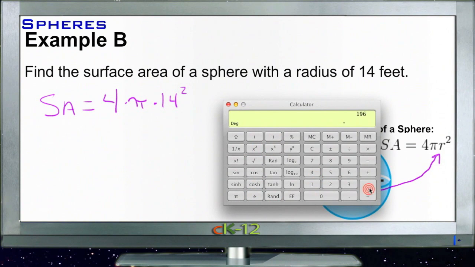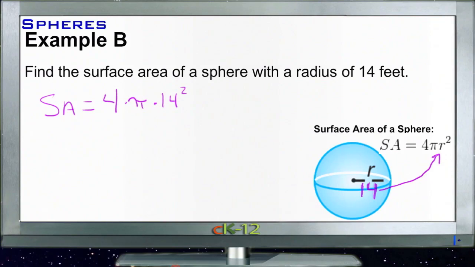So 196 times our 4 pi gives us 2,463 square units. Actually, in this case, feet, square feet, as we know what the units actually are. I got so used to saying units. 2,463 square feet.